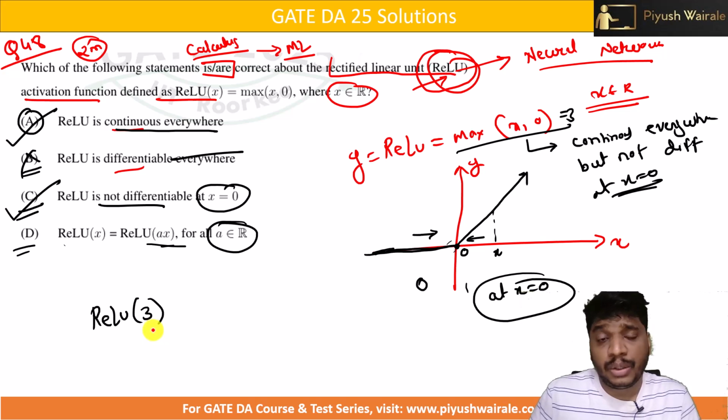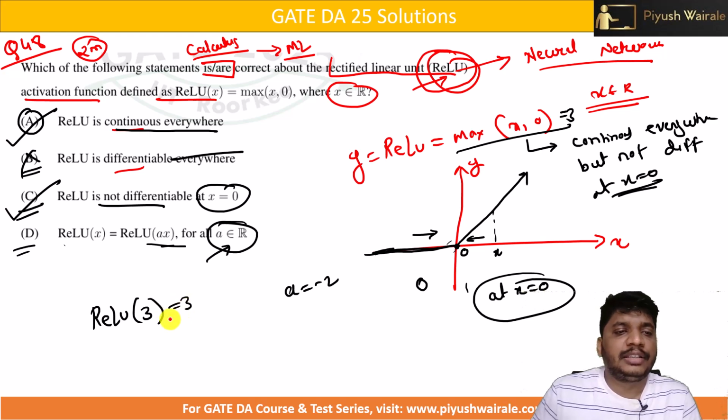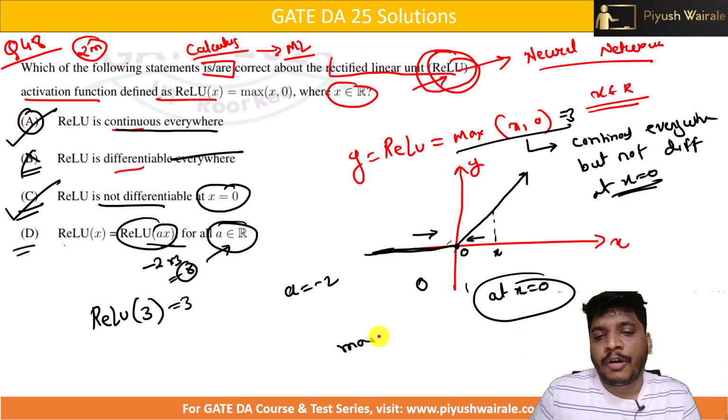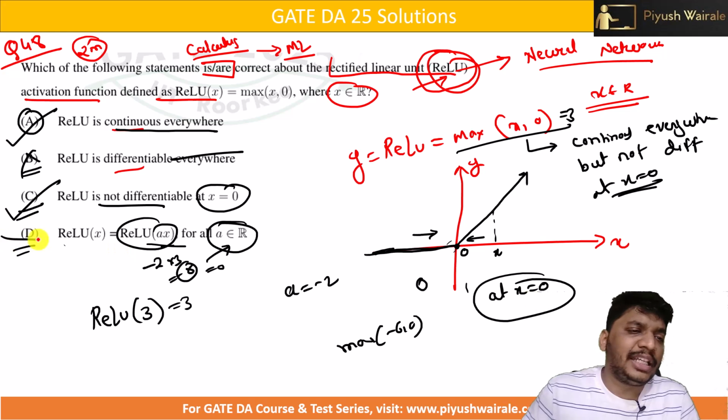No. Even if a is negative, because a belongs to all real numbers. ReLU of 3 will give 3. But if I use ax and here a is minus 2, then minus 2 into 3 will be minus 6. Again, maximum of minus 6 comma 0 will be 0 here. So again, this will not be equal. So option D is not correct.